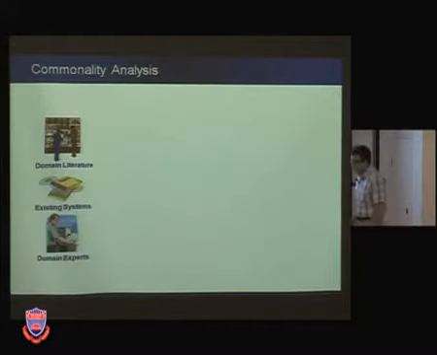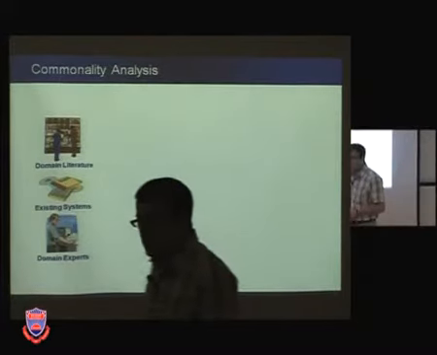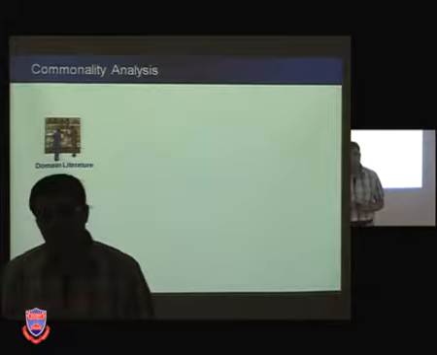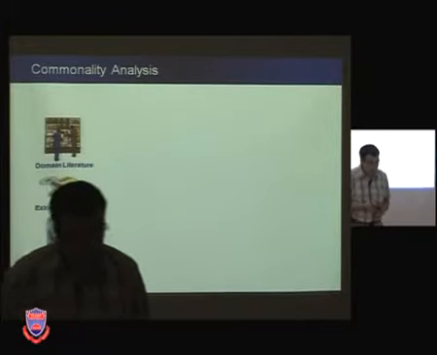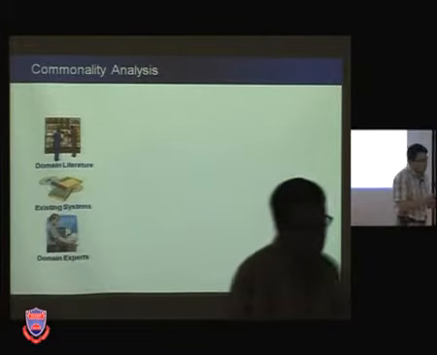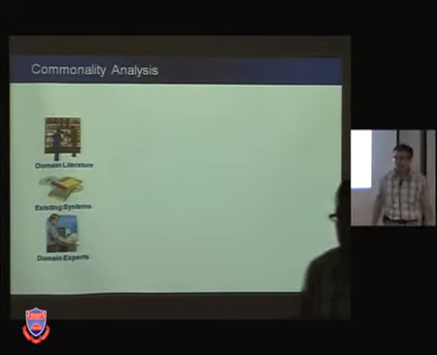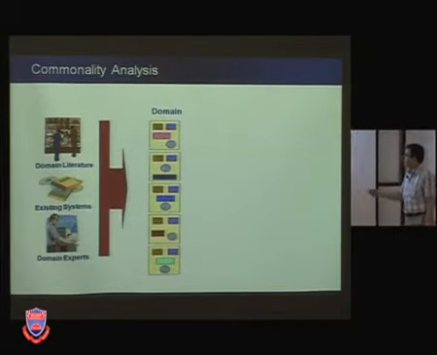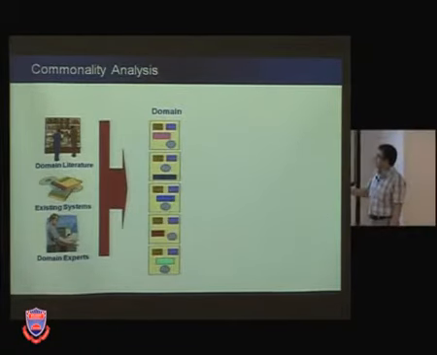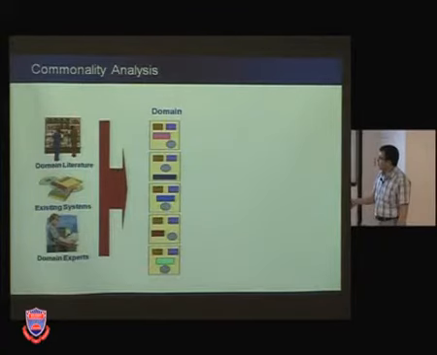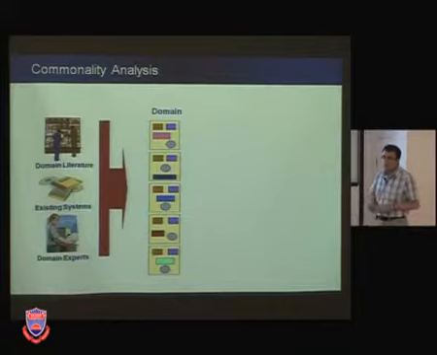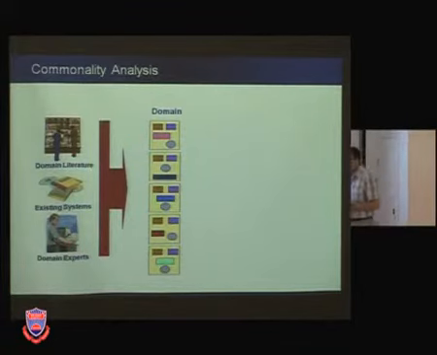So how do we do that? The process for that is commonality analysis. It's quite easy actually. You have a number of knowledge sources, like here, this is the domain in an abstract sense. These are the knowledge sources. You scan these knowledge sources and look at the common concepts.